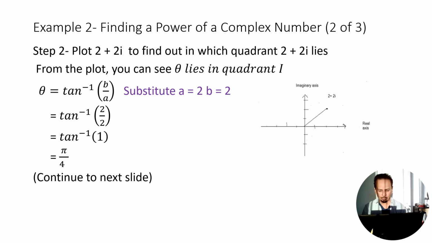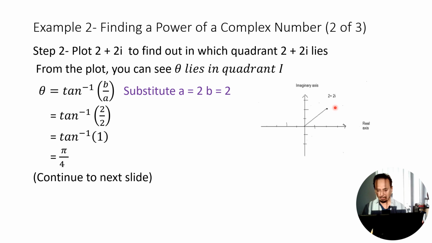Step 2, plot 2 plus 2i to find out in which quadrant 2 plus 2i lies. So you draw the real axis like an x-axis and the imaginary axis like a y-axis. You go 2 units to the right because 2 is positive, and then from there you go 2 units up and you get this point 2 plus 2i, and connect this point to the origin.